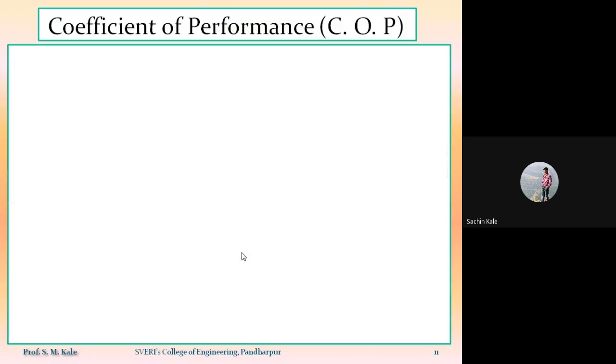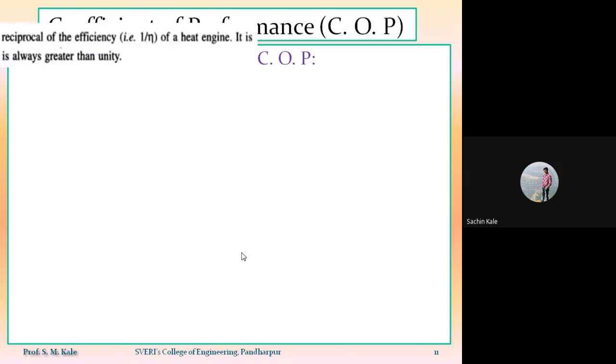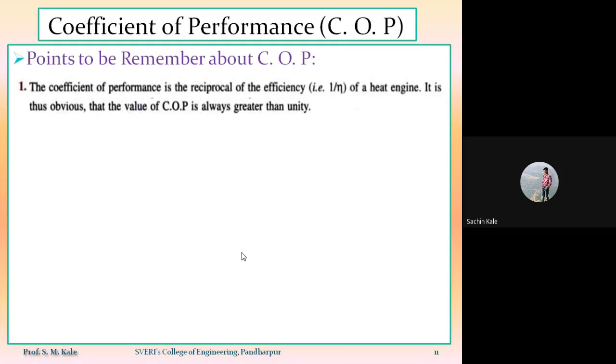Okay. Now here some important points related to the COP. So first point is that COP of any refrigerating machine or any air conditioning equipment is equivalent to the reciprocal of efficiency of heat engine, because refrigerator is exactly reverse of heat engine.